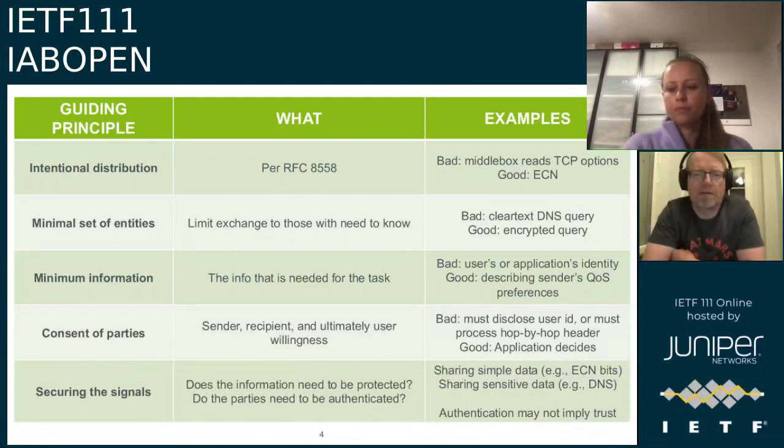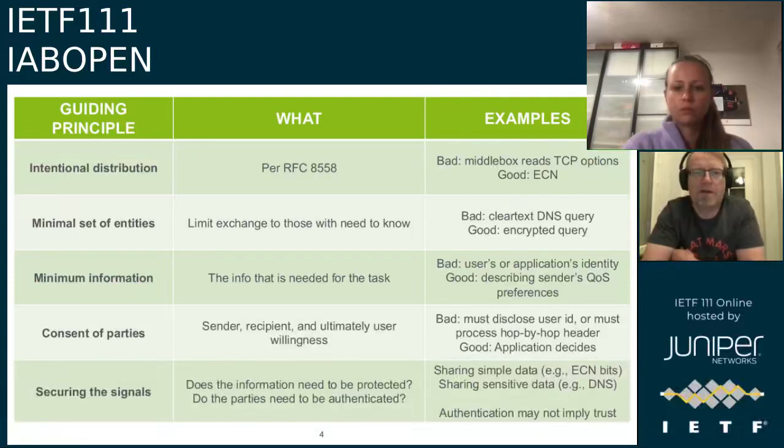And a better way of doing that would be actually to encrypt the queries so that you only target the particular entity that you want to perform a task. And I know I'm maybe stretching a little bit the definition of path signals in this particular case. Should DNS queries be included in that? Maybe, maybe not.